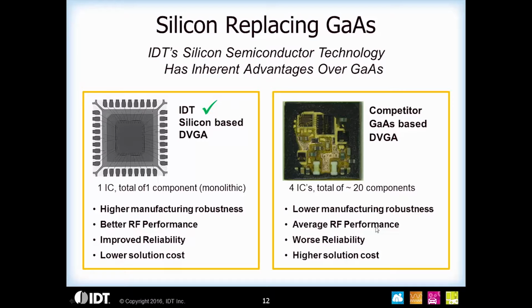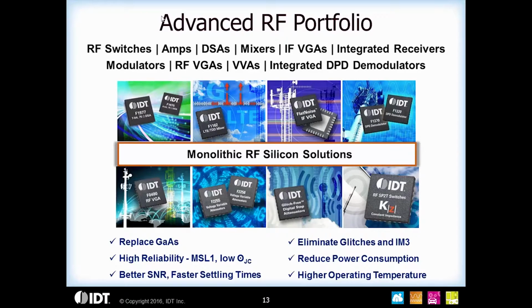Now I'm going to talk about our portfolio of devices which uses these unique innovations that we've talked about. This portfolio of devices includes RF switches, amplifiers, DSAs, mixers, IFVGAs, integrated receivers, modulators, RFVGAs, voltage variable attenuators, as well as integrated DPD demodulators.